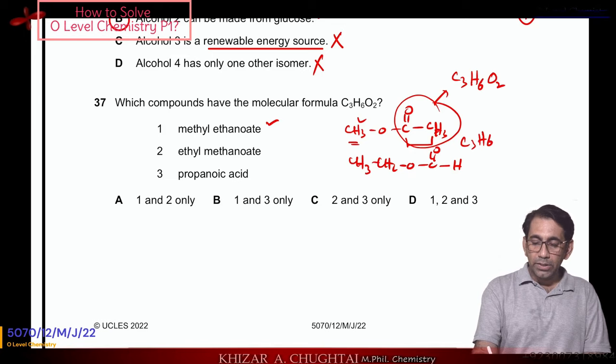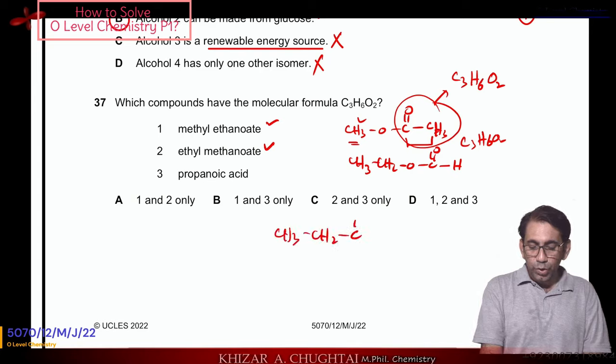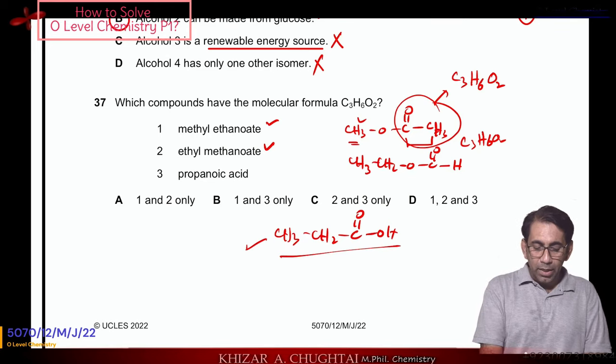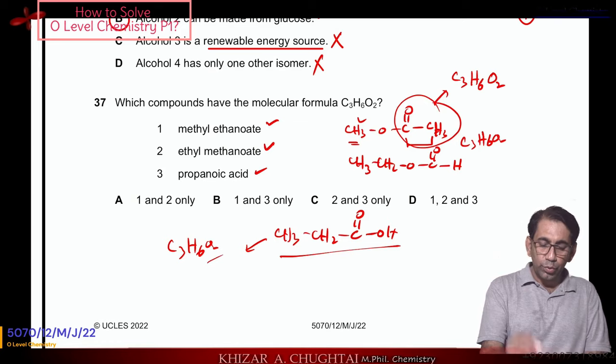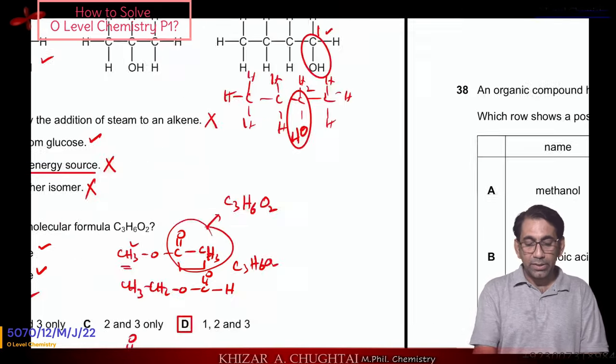C3, H6, O2. Again, it's correct. Propanoic acid: CH3, CH2, C double bond O is the correct formula of propanoic acid. Again, carbon is 3, H is 6, O is 2. Yes, all options are correct. So D is the final correct answer.